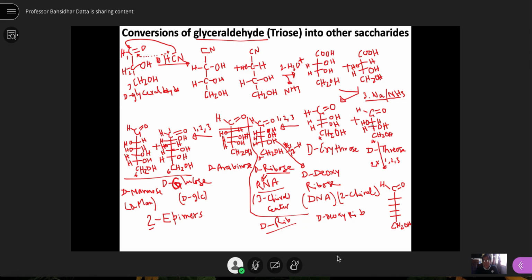And it's coming from the base right here. So 1 H this side, 1 H this side, hydroxyl group on the left, and H. I have to ask you a question.